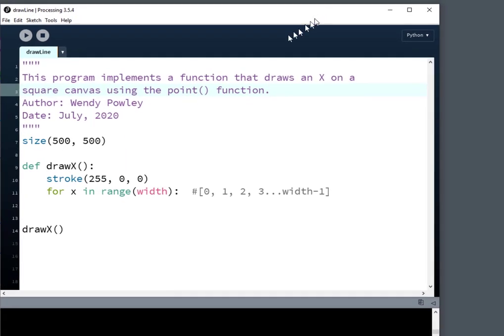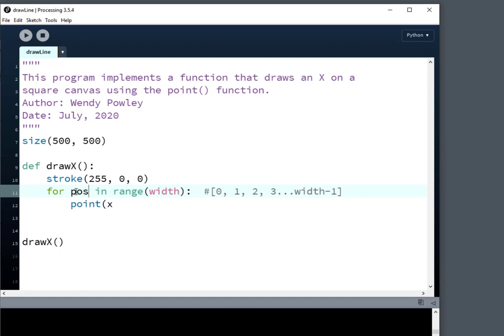Okay, so let's try this. I've already got it started here. I noted before that this has to be a square window, so I'm going to make my size 500 by 500. I've got a function called draw x. I'm going to make the x red, like I did for the line in the last example. And I'll say for x in range width, then I'm going to say draw a point at, oh, sorry, I don't want to use x. I explained to you why I didn't want to use x in this example.